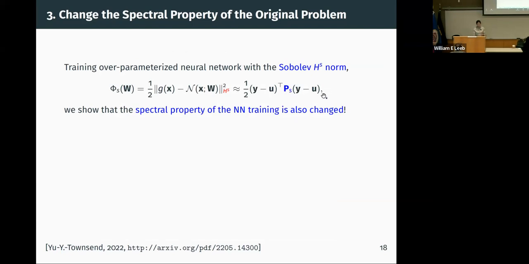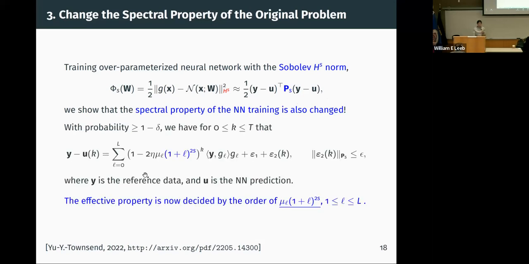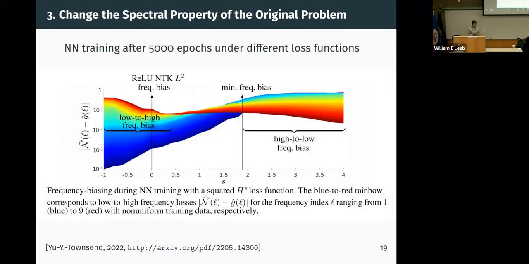This is what I like the most, because now you can see that the residual decay is dictated not only by the eigenvalues and eigenvectors of this neural tangent kernel, but also by this weight factor that kicks in, and that factor comes from your choice of objective function. Once you have this factor, the order that we said earlier, smooth first and oscillatory later, will be reordered, because it is mu times this weight that dictates your order. So you will see how this can effectively change your frequency bias. This is the part I like the most in this presentation.